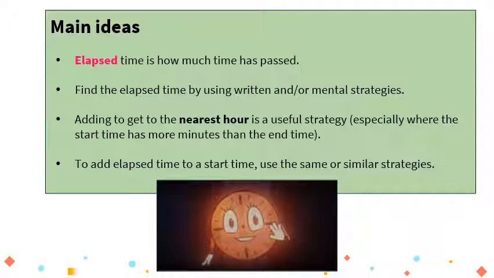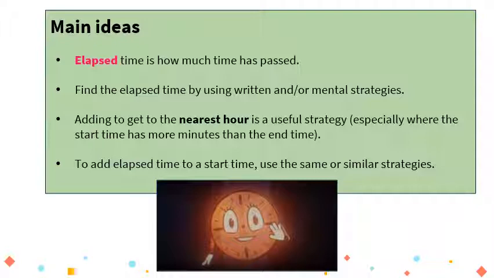You can record it on a piece of paper. Adding to get to the nearest hour is a useful strategy, especially where the start time has more minutes than the end time. So for example, 8:47 a.m. to 10:12 a.m. Adding to get to the nearest hour, to get to 9 a.m., is the better, easier way of doing it, rather than having to subtract.